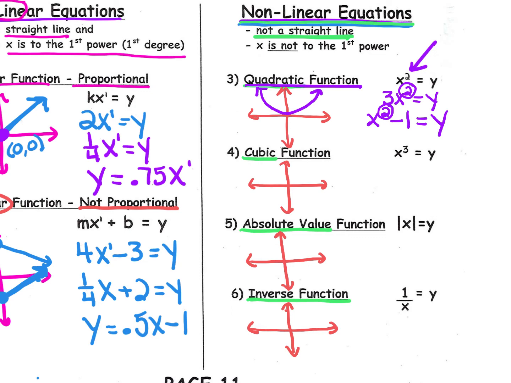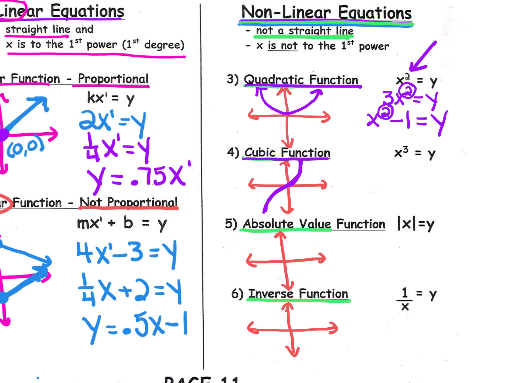Now, the next type of function is a cubic function. When we graph a cubic, it will be an S-shaped sort of function. It curves, and it looks something like that.